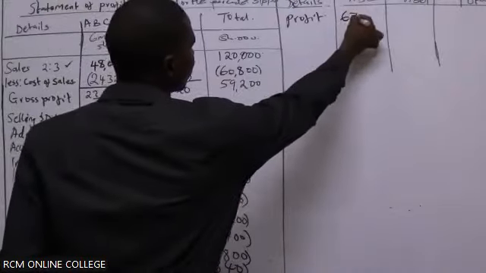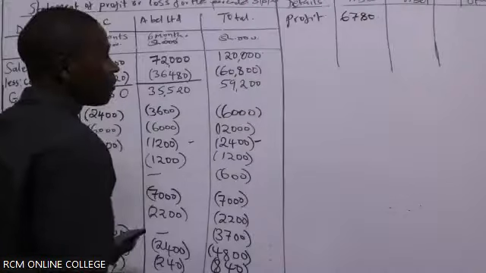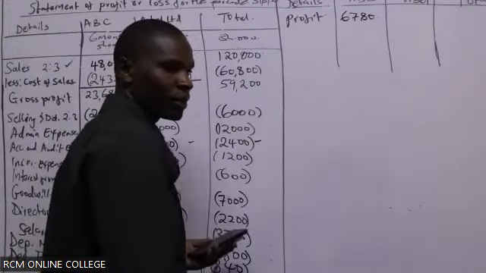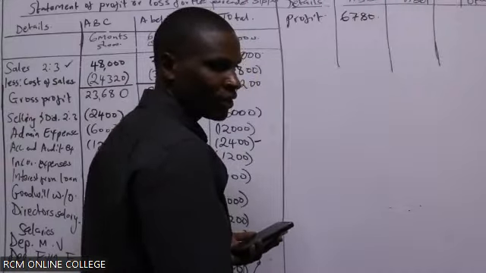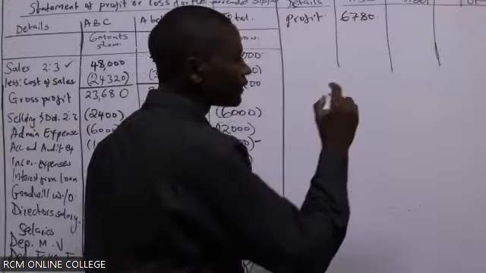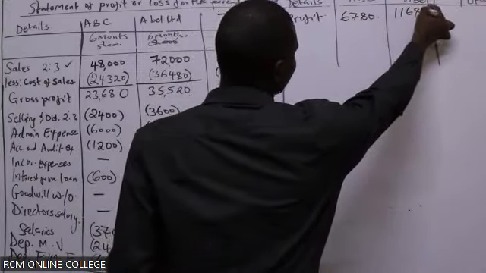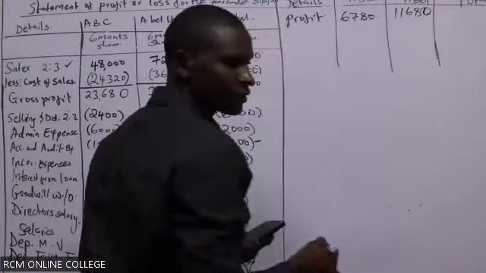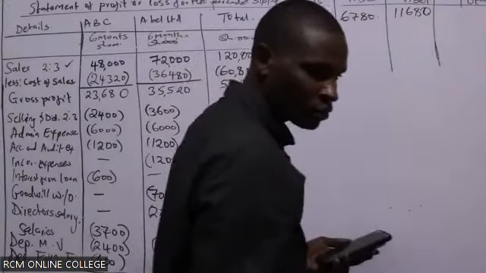What about Abel naye itakuwa ngapi? Tumalize hii. We go for 5 minutes break. 11,680, right? 11,680. Haya. Toto itakuwa ngapi? Toto najua tutapata.